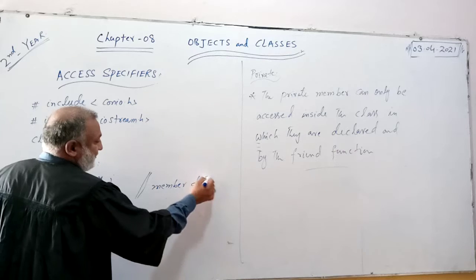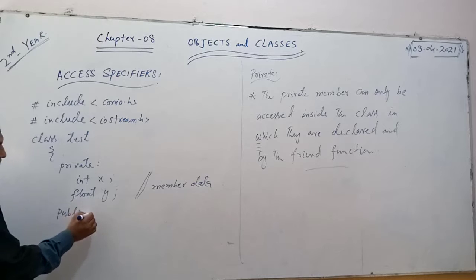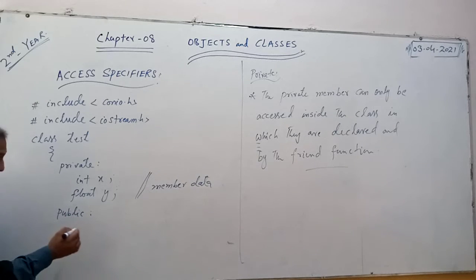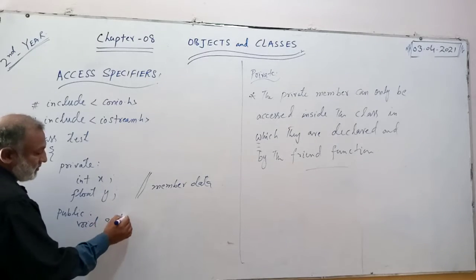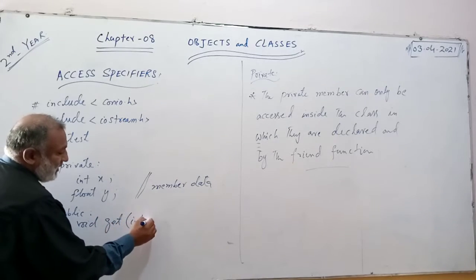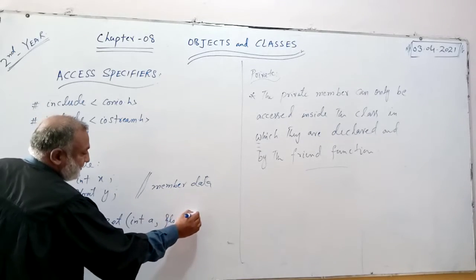Then under public I take another function, get, with int a and float b.